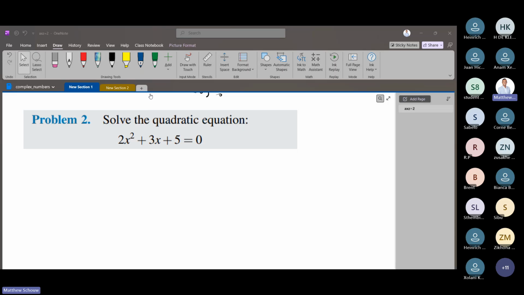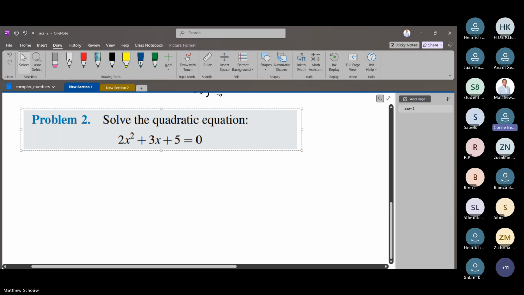I want to show you what this graph actually looks like. Are you guys finished? Yes, sir, I'm finished.